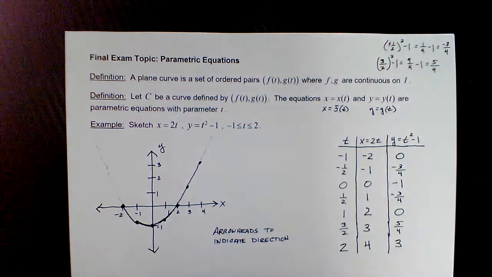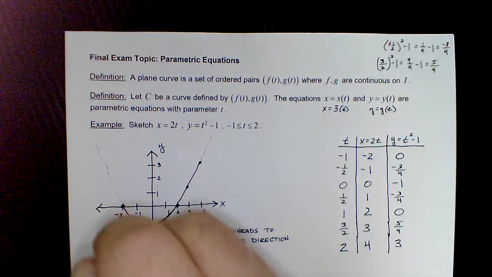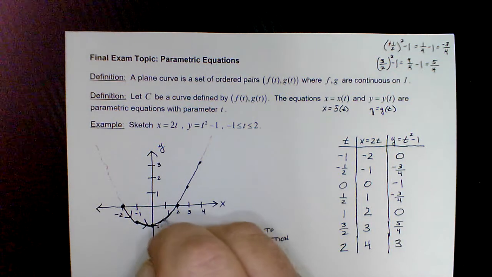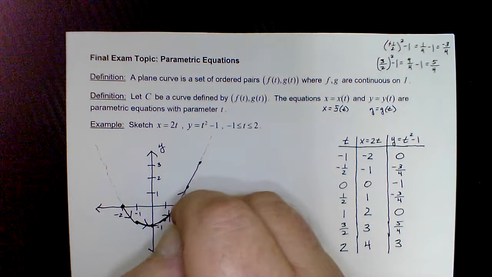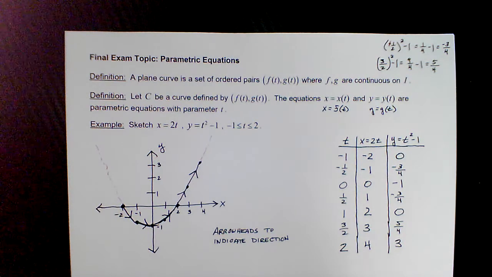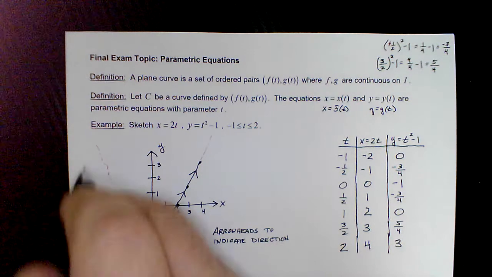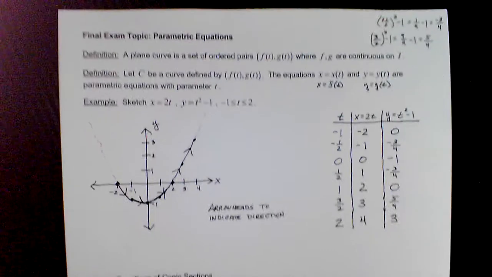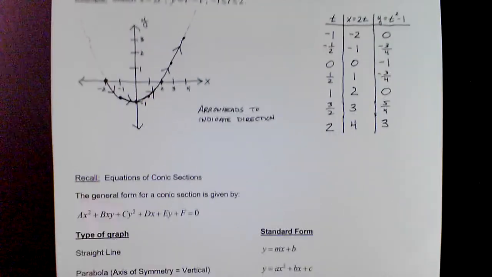So, for example, as t increased, we went along this path here. So you could actually use arrowheads to indicate that. And that's significant in many applications where maybe it was moving in the opposite direction along that path. So that's how we could sketch them if we needed to.